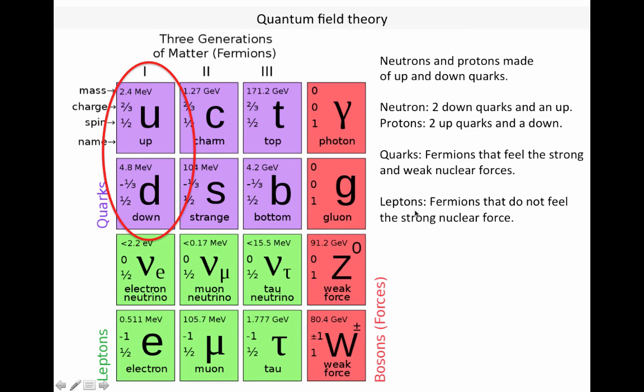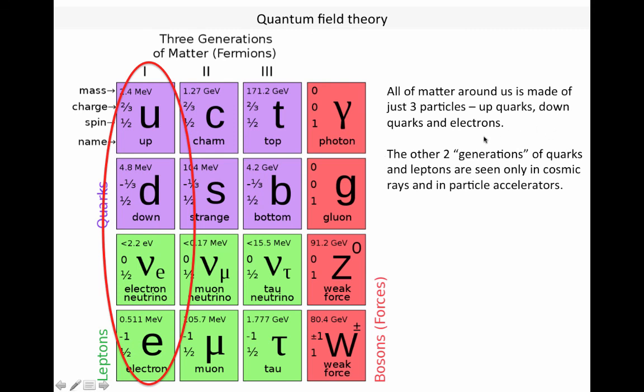Leptons are the name that we give to fermions that do not feel the strong nuclear force. The lepton that we're most familiar with is the electron, but there are also 3 varieties of neutrinos and 2 other leptons, a muon and a tau particle, which we see generally only in cosmic rays and in particle accelerators.